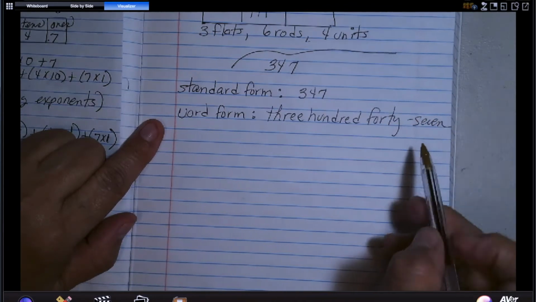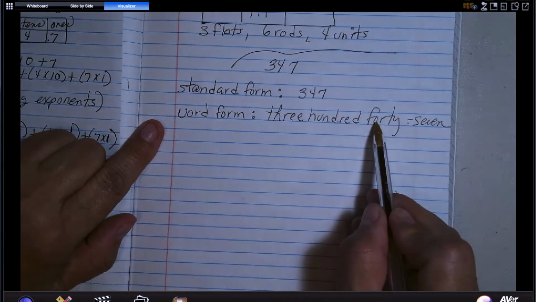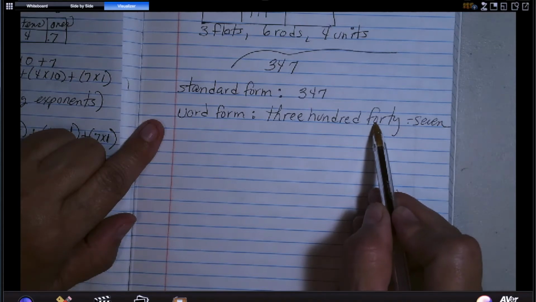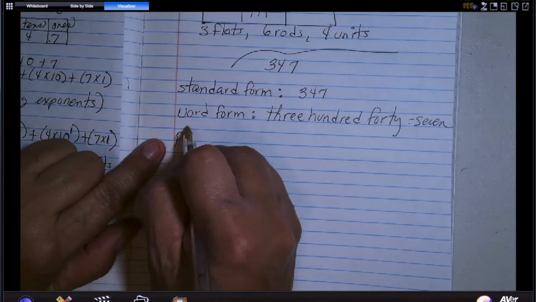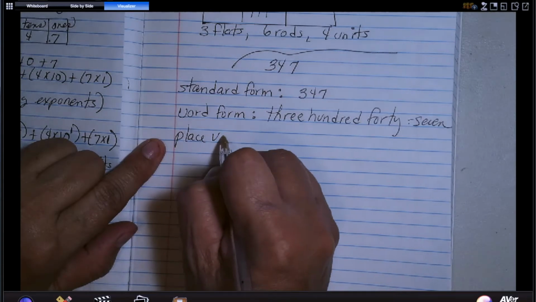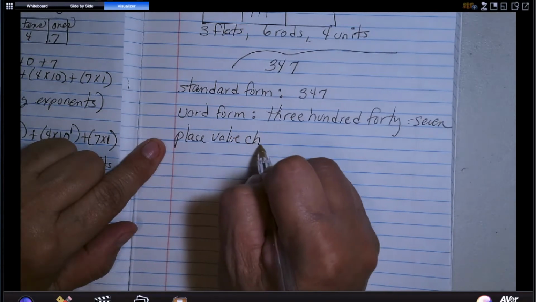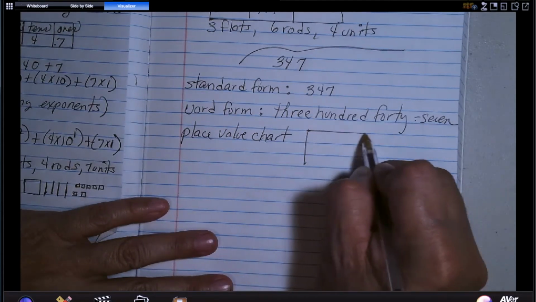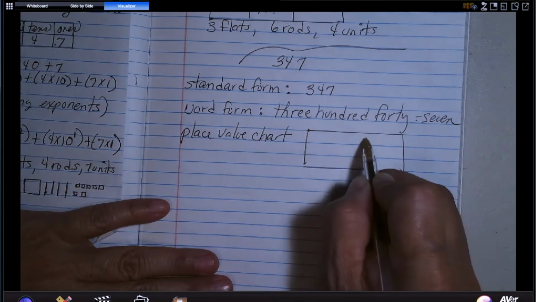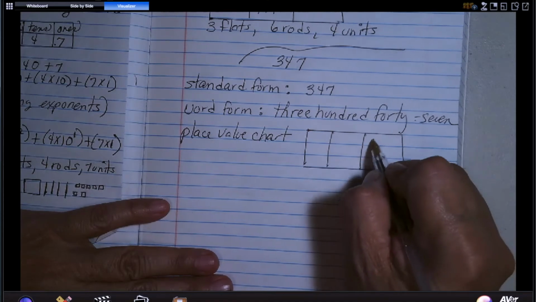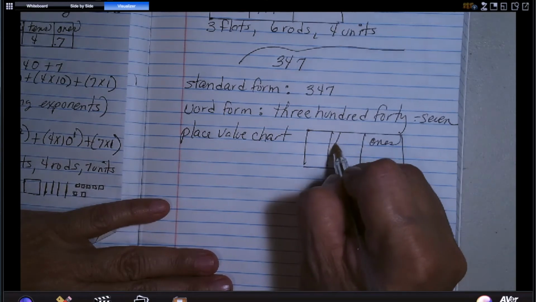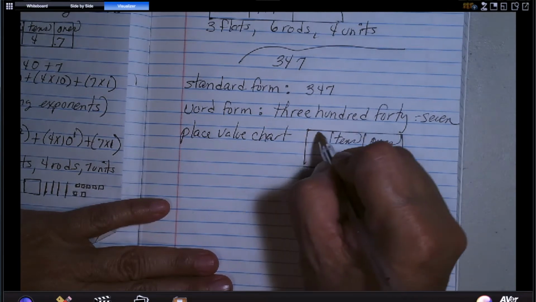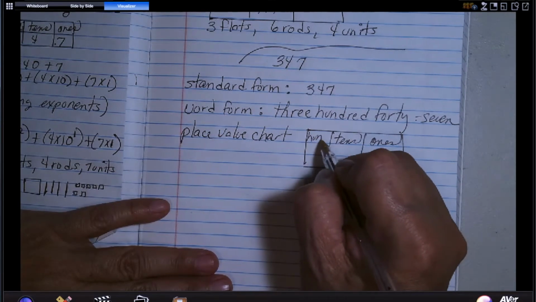347. Make sure you have a hyphen, and notice how we spell 40 with the O. We have a place value chart. We have ones, tens, and hundreds.